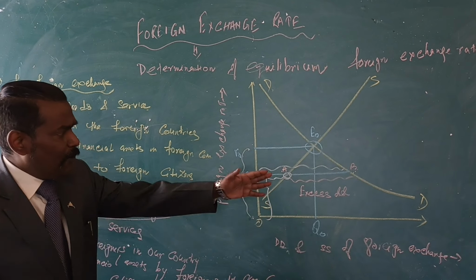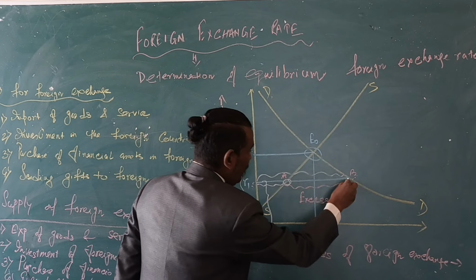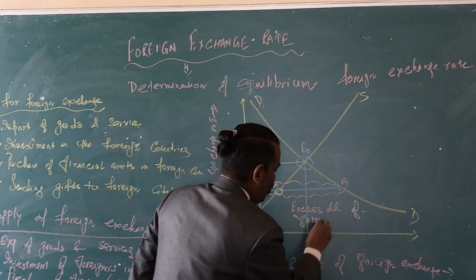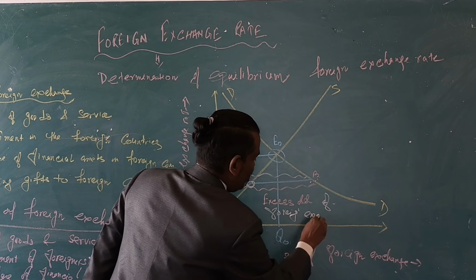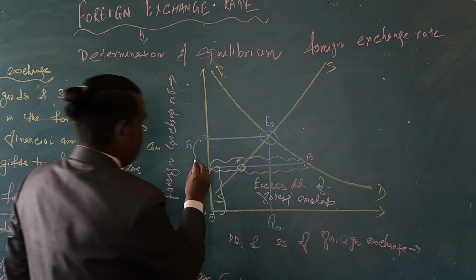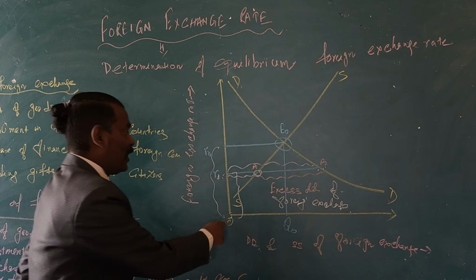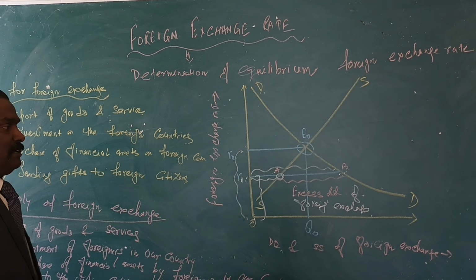So definitely we can see that there is an excess demand of AB. There is excess demand for foreign exchange at the exchange rate OR1 if OR1 is less than the equilibrium exchange rate.